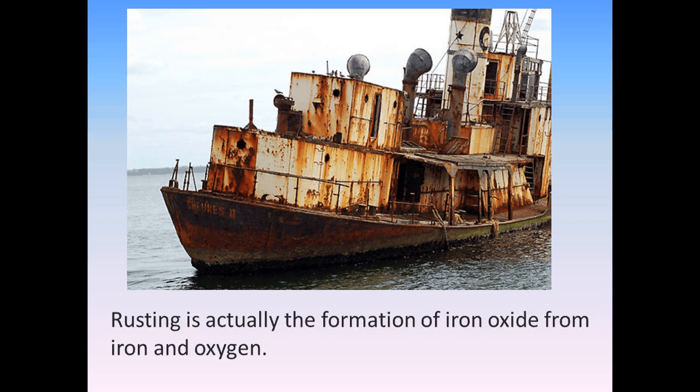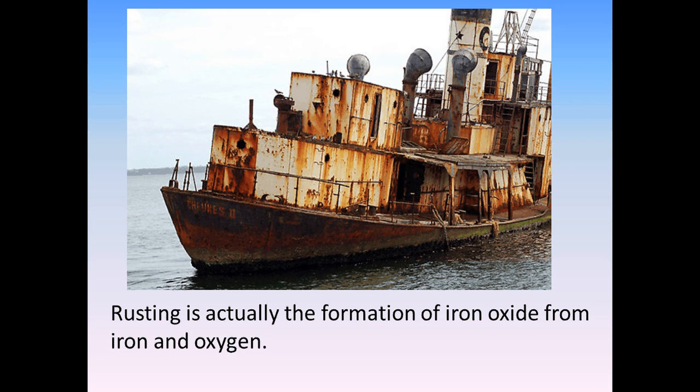The answer is that this ship, like most ships, is made of iron. The reason why this ship turns brown is that there's a thick layer of rust on the surface of the iron ship. Rust is formed by the chemical reaction between iron and oxygen in air.